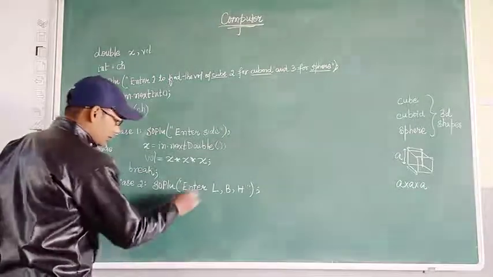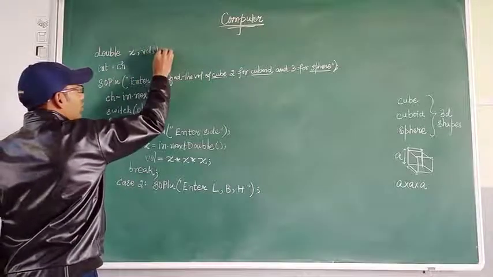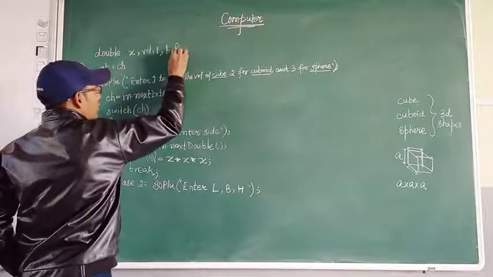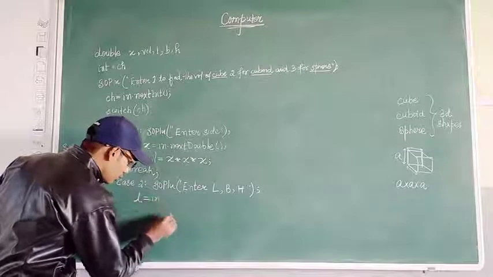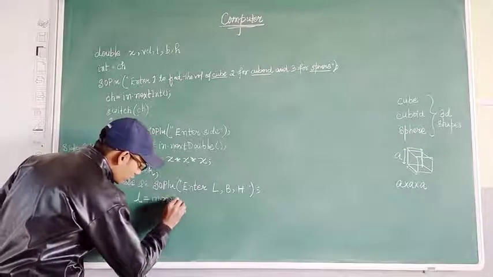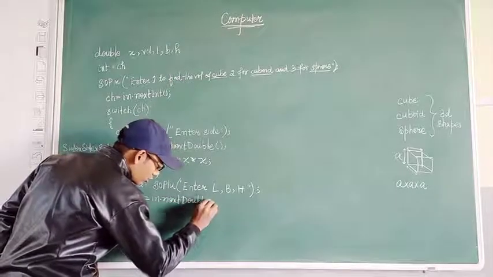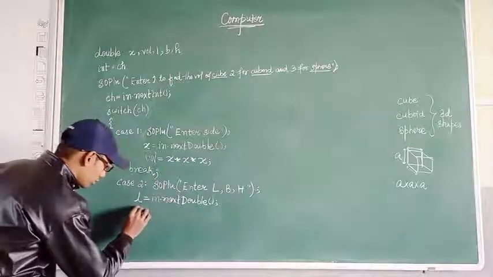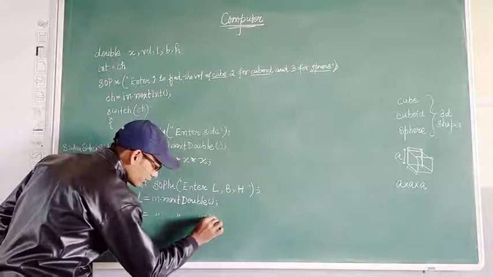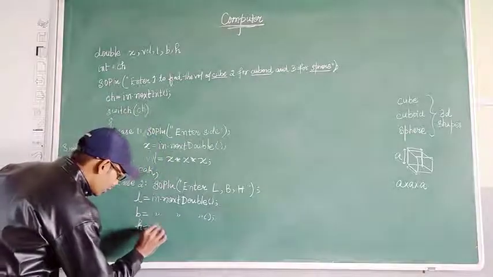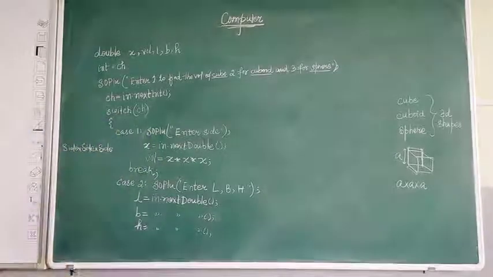Now, for these three things, we again want variables. L is equal to in dot next double. B is equal to the same thing. H is equal to the same thing. Clear?